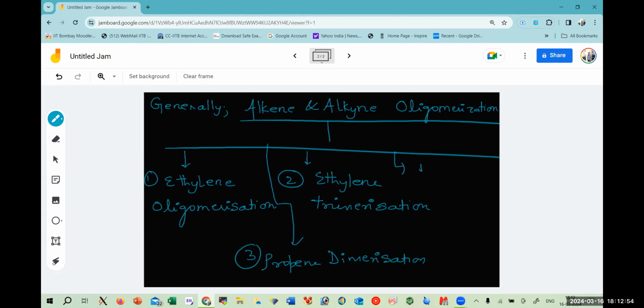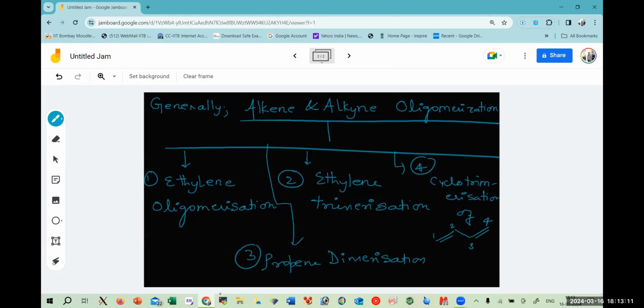And the fourth one is cyclotrimerization of 1,3-cyclobutadiene.